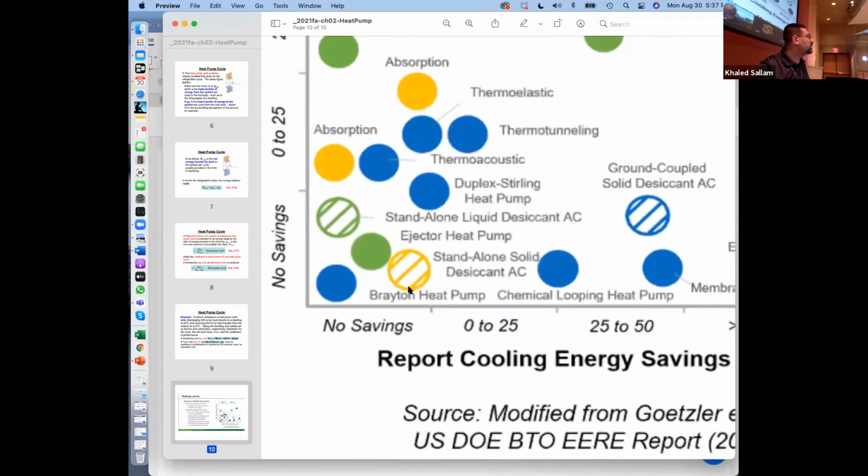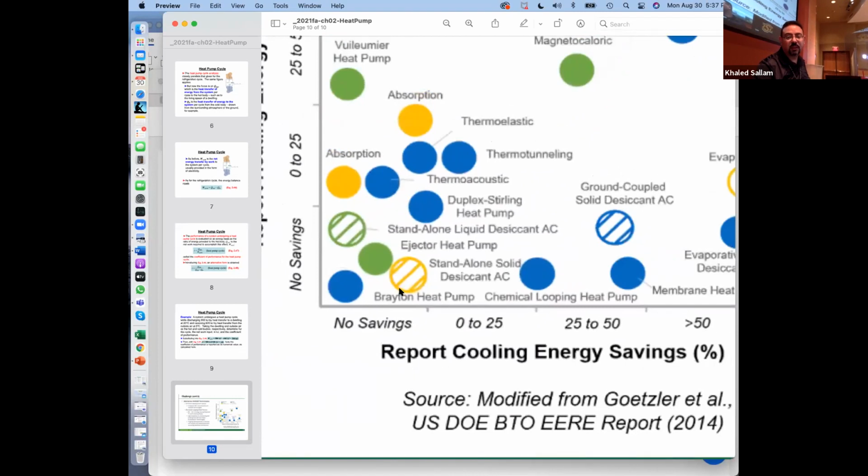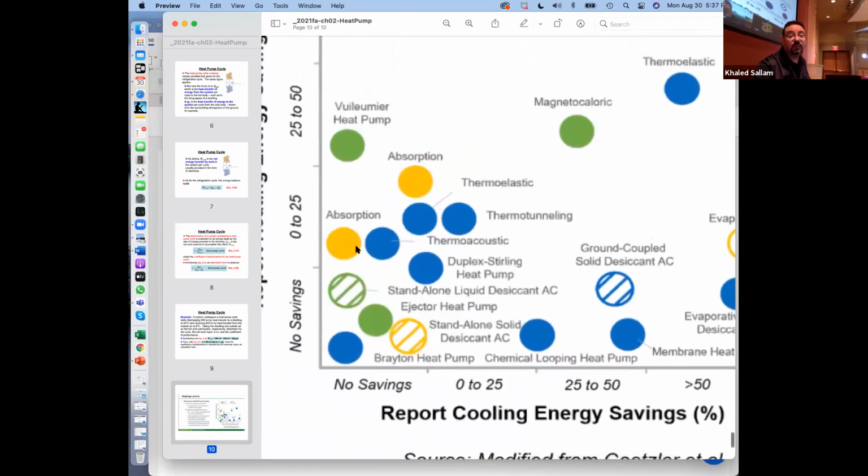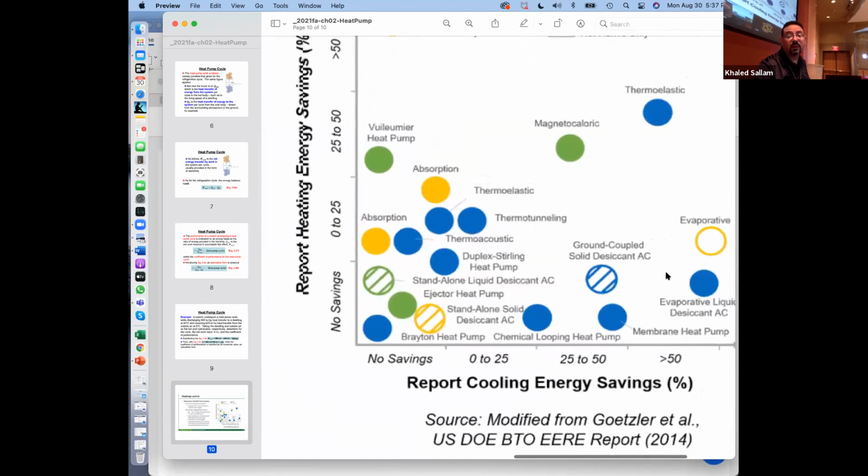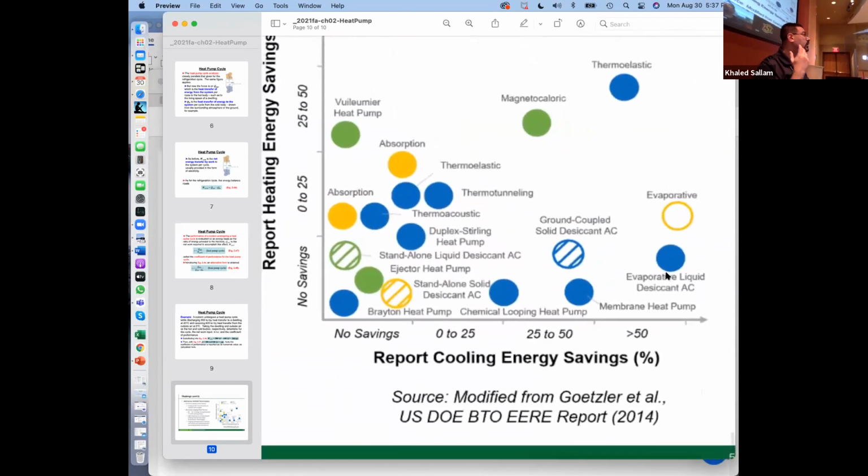So this is what Robert was telling us today when he said, I wish it was all air. That is the Brayton heat pump. Okay, so the saving is like what? Less than, 0 to 25 is over here, right? You can see there is actually a lot of research trying to improve the cooling cycle, because a lot of houses are using a lot of energy for cooling, maybe 30% or more or less of the energy.